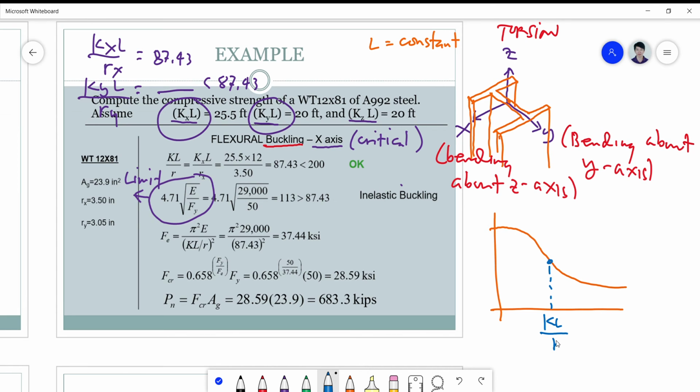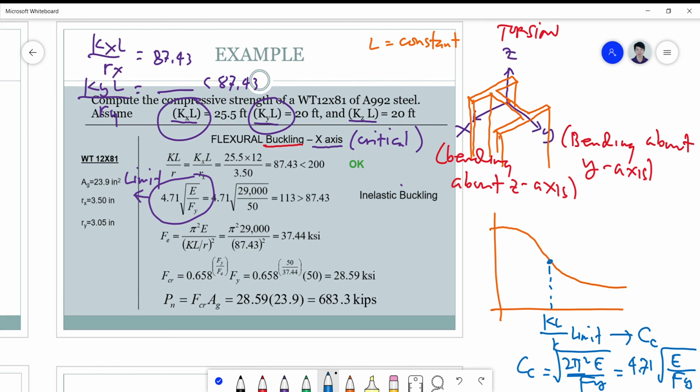Okay, so this KL over R is referred to in other books as your Cc value. Okay, wherein your Cc is simply equivalent to this value here, or simply the square root of 2 pi squared E over Fy, which is equivalent more or less to 4.71 square root of E over Fy.